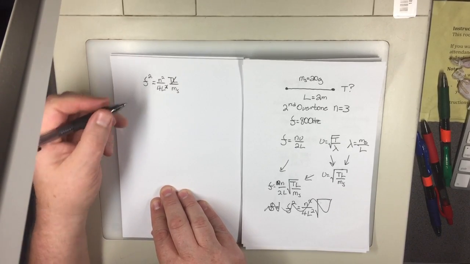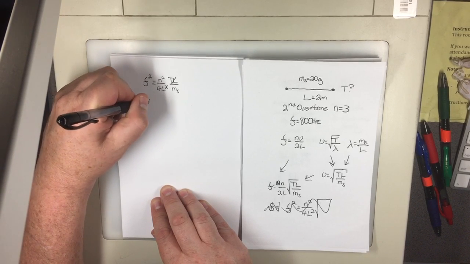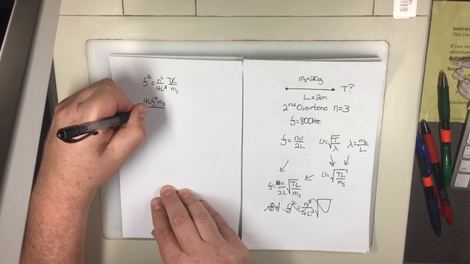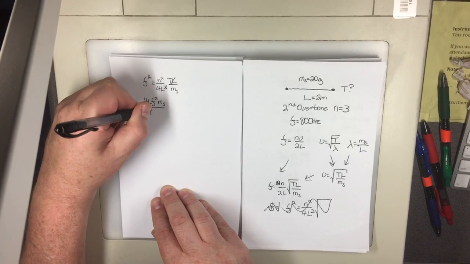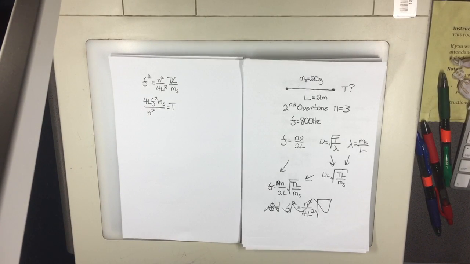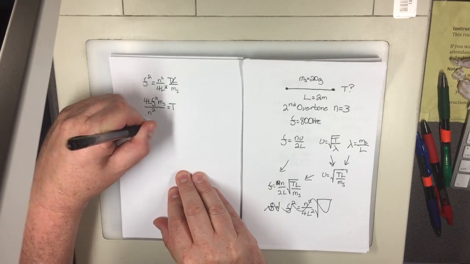So one of the L's cancels, and I'm left with this equal to that. So this gives me 4, 2, 800.